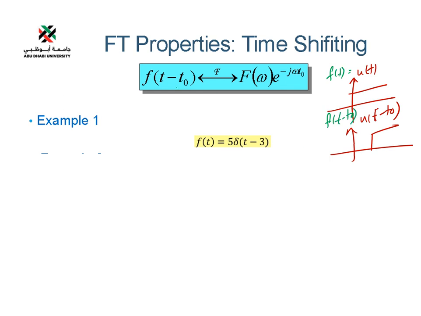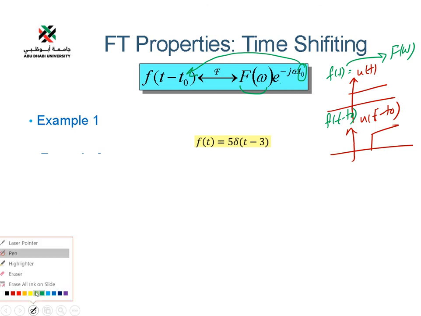So if you get a time shift, in the frequency domain, again get the Fourier transform of the original signal. What is the Fourier transform of my original signal? Then just multiply with e to the power minus j omega t naught, the time shifting factor.